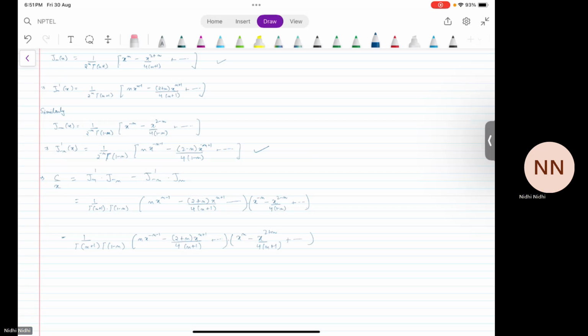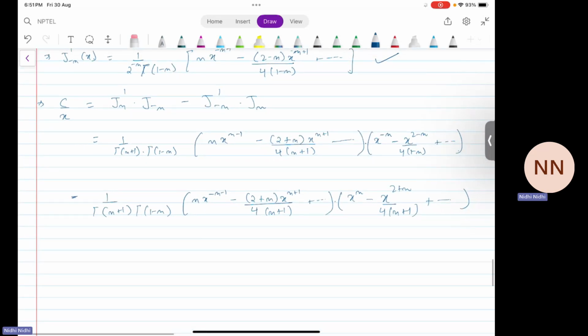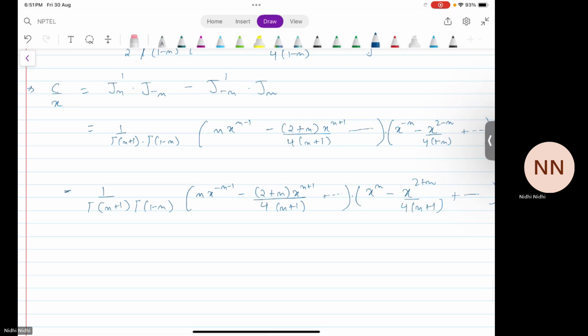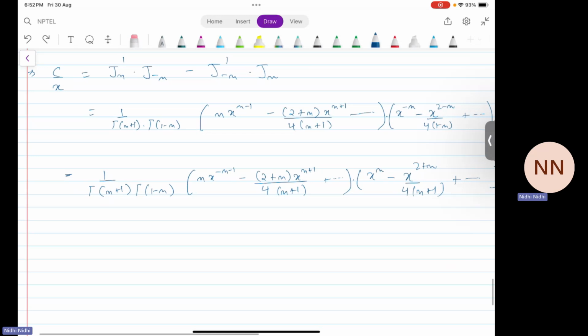Now all we need is the coefficient of 1 by x. While multiplying the first term with the rest of the terms, x to the power minus 1 would come from the first term, and the rest of the terms will have higher powers of x. So we'll just have the first term from this part and the first term from that part as the coefficient of 1 by x.